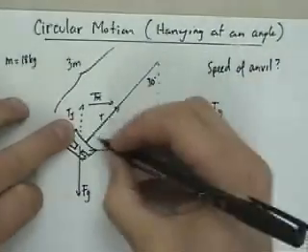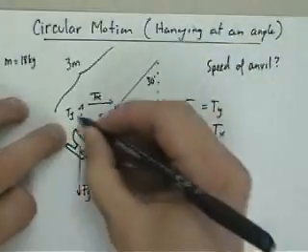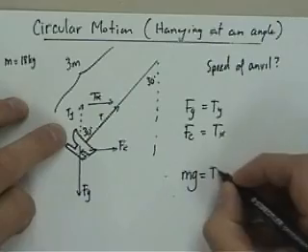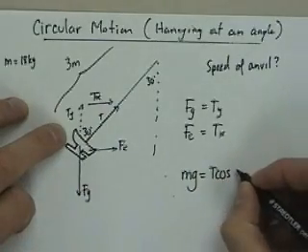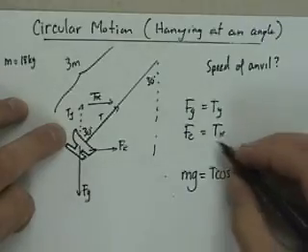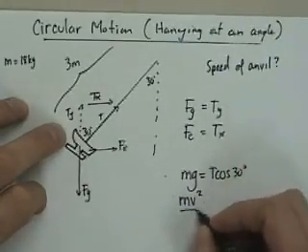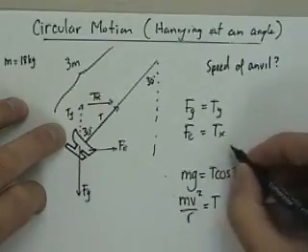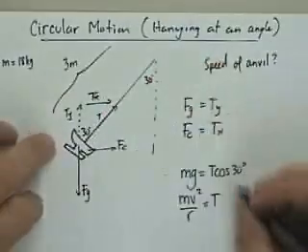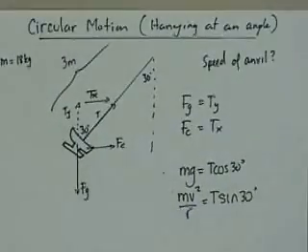Tension in the y direction, well, if this is 30, that's the adjacent side, so that's going to be T cosine 30 degrees. And mv squared over r is going to be equal to Tx, which is opposite, so that's going to be T sine of 30.